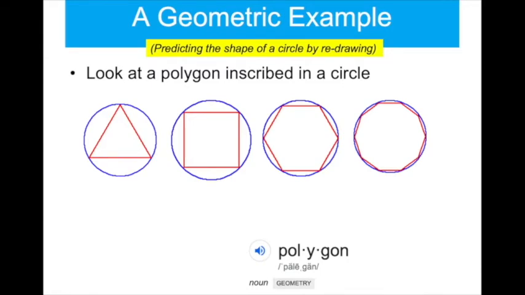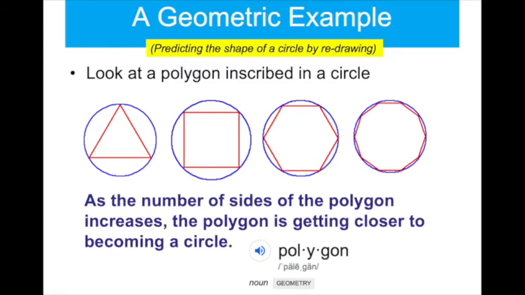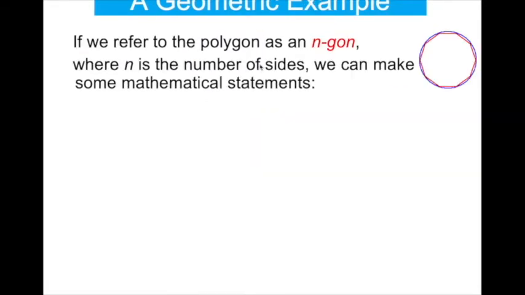Okay, so what we can say is as the number of sides of the polygon increases, the polygon becomes closer and closer to the circle. By that, we can say if n is the number of sides, then we can call the polygon an n-gon.